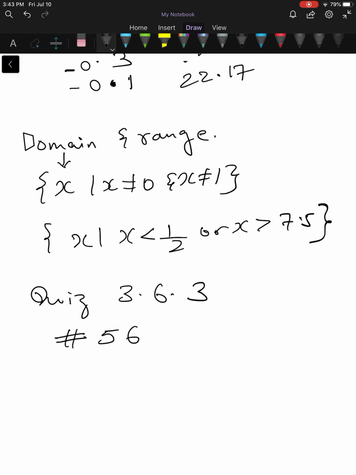Okay, so I'll end this video here. In the next video, we will learn about common factors of the numerator and the denominator, which we dealt with when simplifying rational expressions.